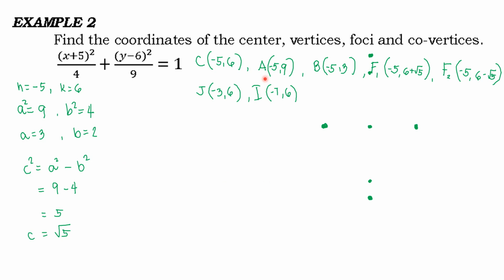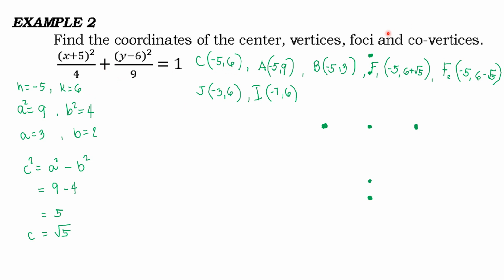So, vertical siya. So, we are just going to copy the x-coordinate of our center. And then, the y-coordinate of the center would be added by the A. So, kaya siya, meron siyang 6 plus 3 equals 9.